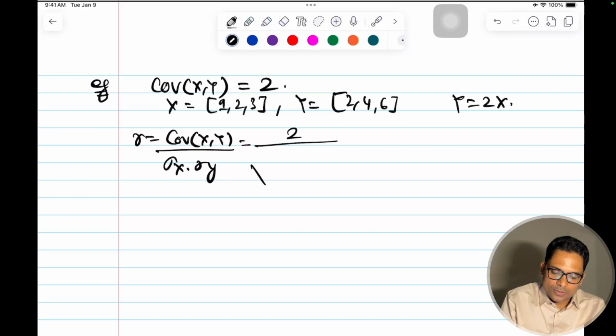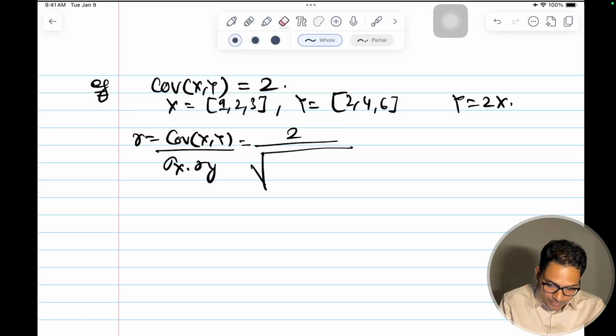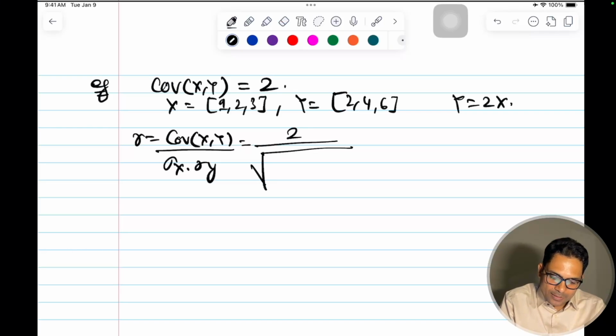What will be the standard deviation of this? So distance from the mean. Our mean is 2 here, 4 here, squared, divided by n minus 1 correction factor, for sigma x. So this will be 1 minus 2 whole square plus 2 minus 2 whole square plus 3 minus 2 whole square.